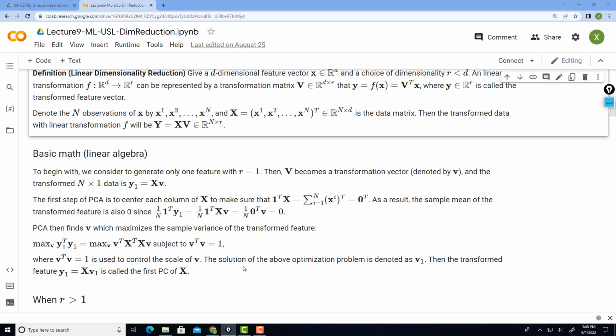When we identify the subspace, we want the direction to have a unit norm. The reason is that you can easily multiply V by a scale constant. If the scale constant alpha increases to infinity, you will always increase the inner product of y. That's why you want V transpose V equal to 1, a unit norm, so that you derive a unique solution for V.